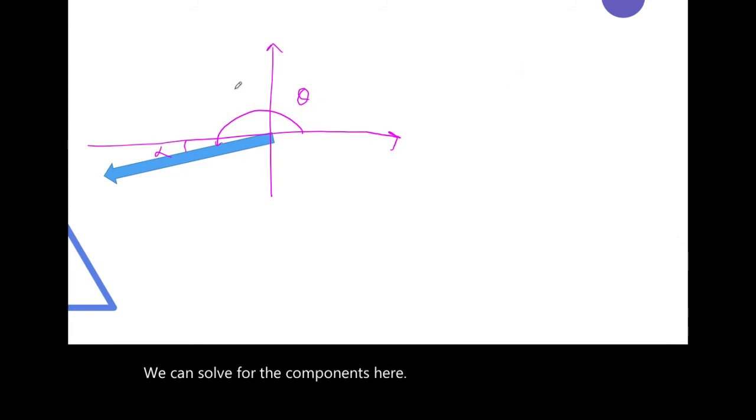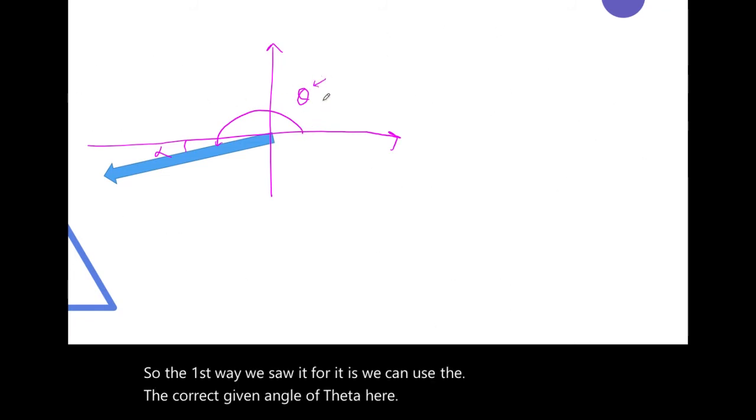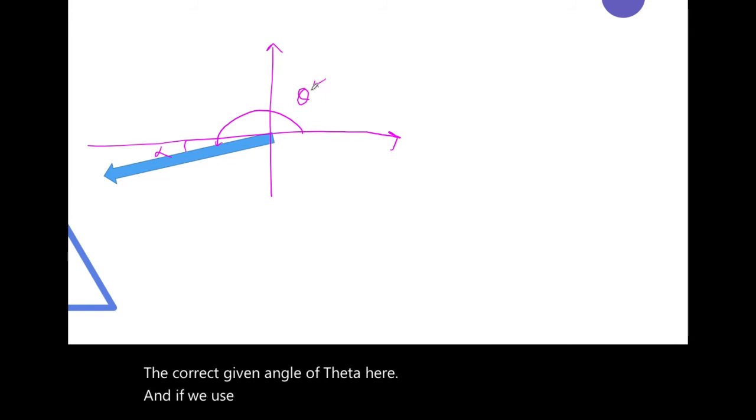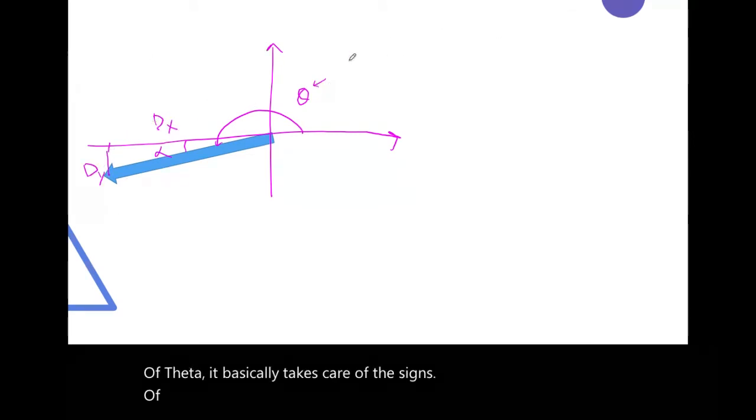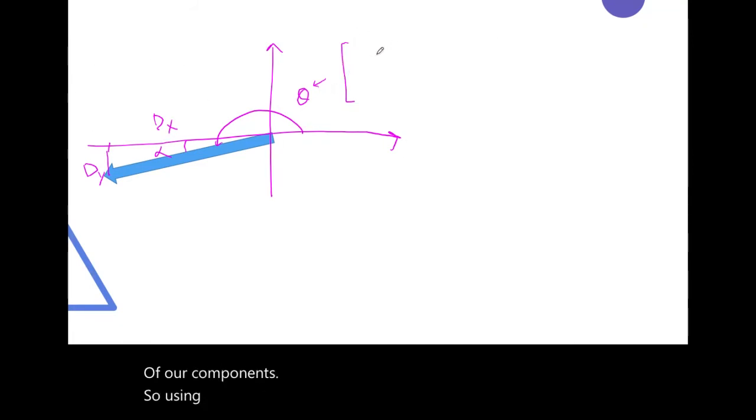The first way we solved for it is we can use the correct given angle of theta here. And if we use this angle of theta, it basically takes care of the signs of our components. So using theta, we get dx, dy, and 10.